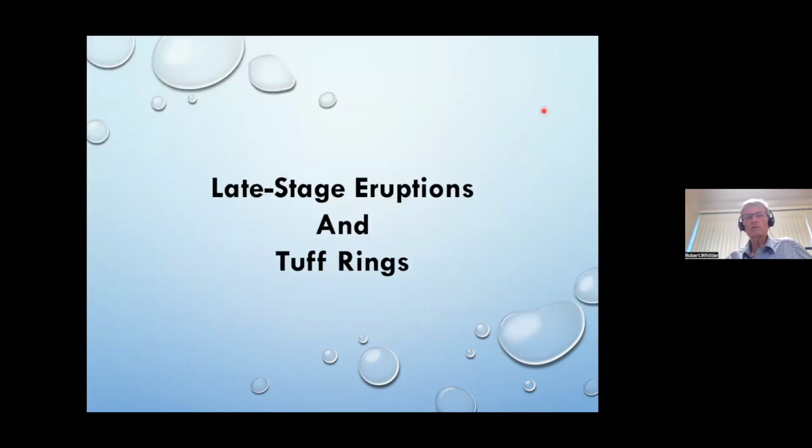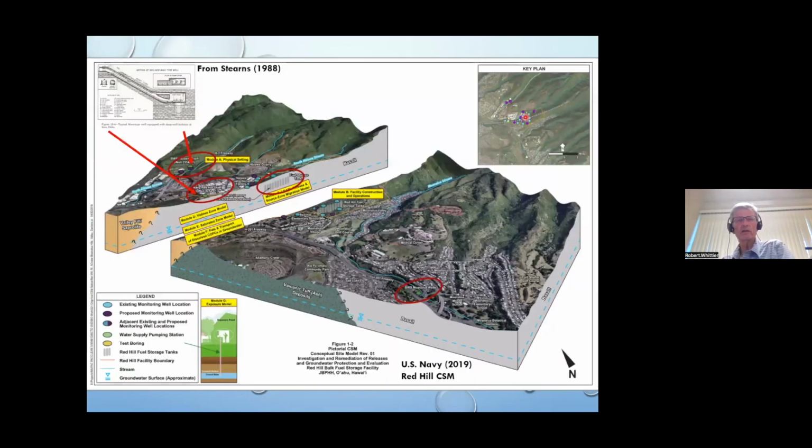So the next structure that we need to consider is the late stage eruptions in the tuff rings. And these are structures that are associated with the late stage volcanics located here at the toe of the Red Hill Ridge and also extending into Moanalua Valley.